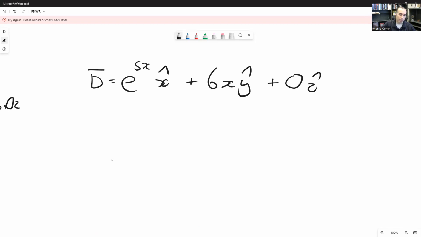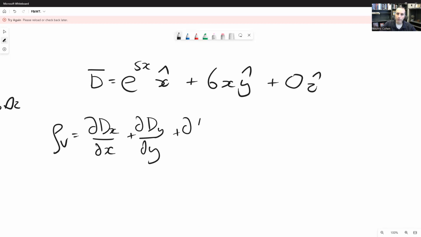We're going to take rho v equals dDx dx plus the derivative of the y component with respect to y plus the derivative of the z component with respect to z. Let's do these separately.